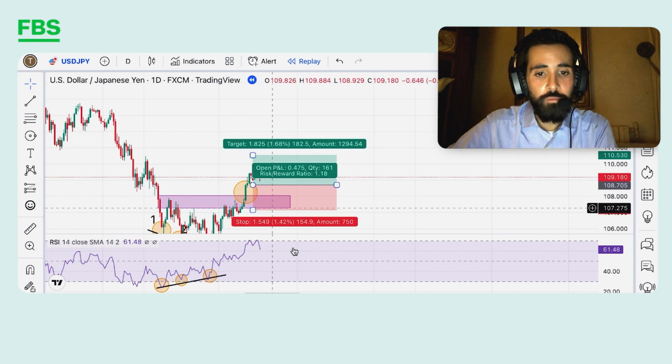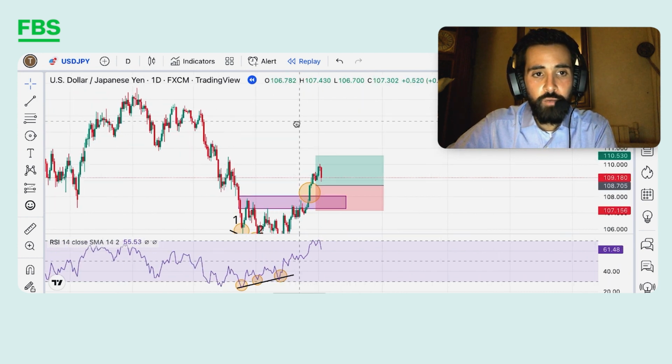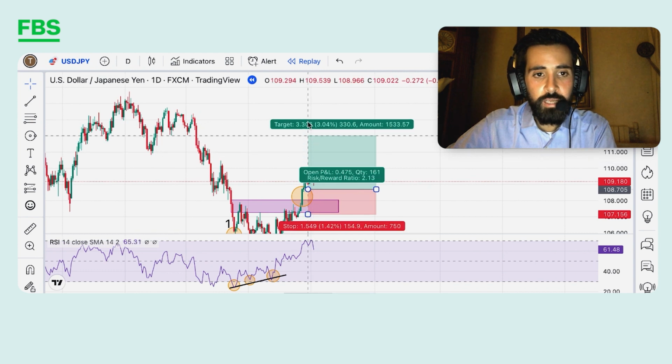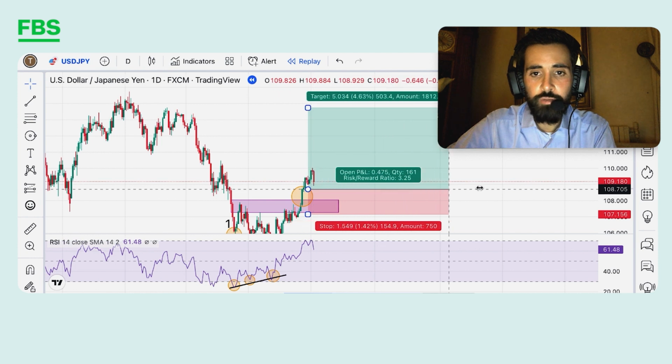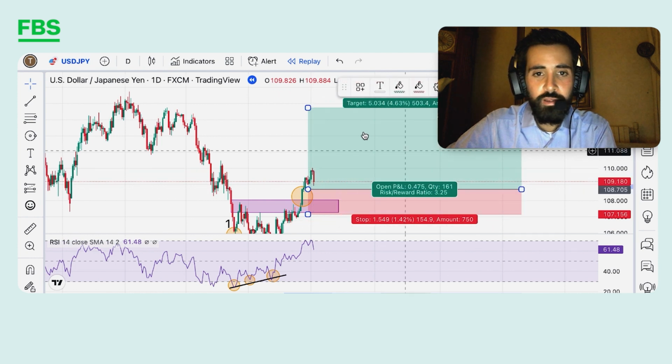Okay, so my target profit would be these highs. I would aim to get these highs as a part of my target. So this is a 3-to-1 risk reward ratio, which is honestly a perfect trade.